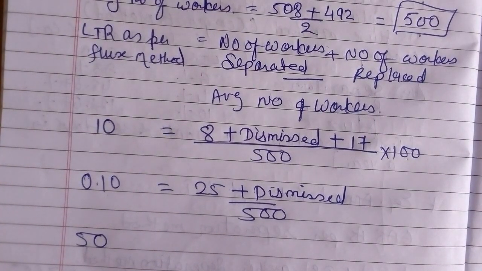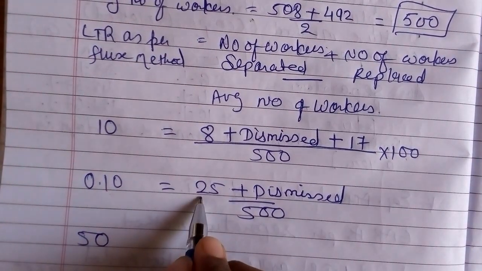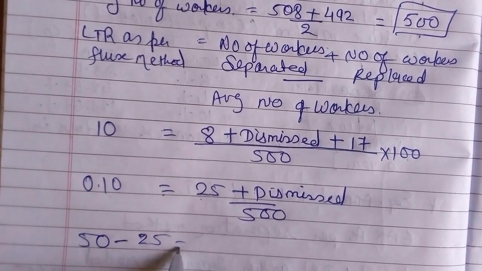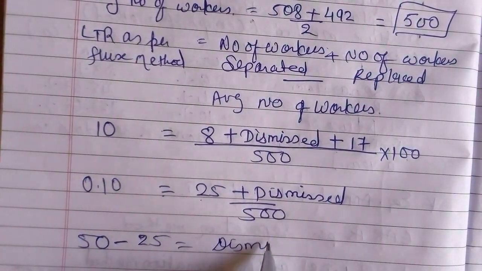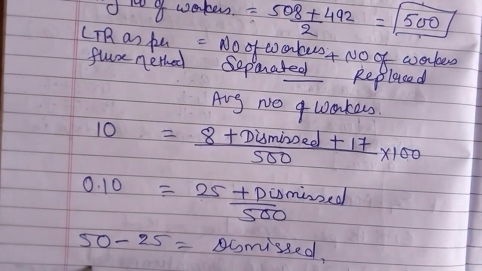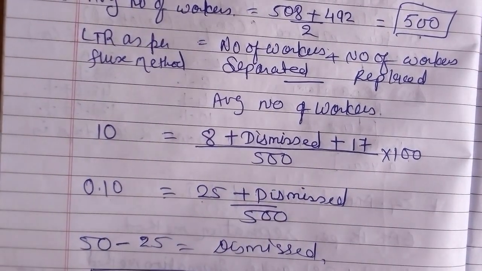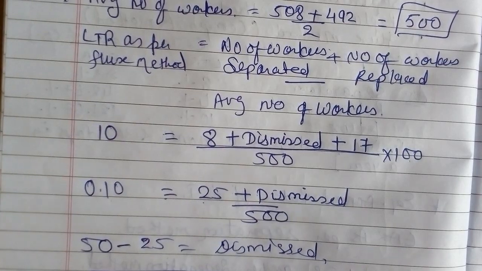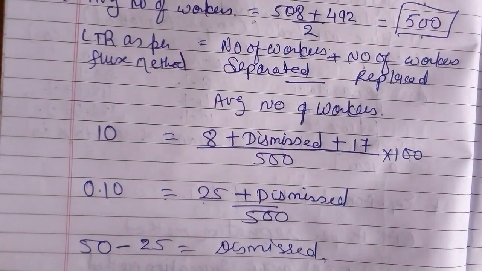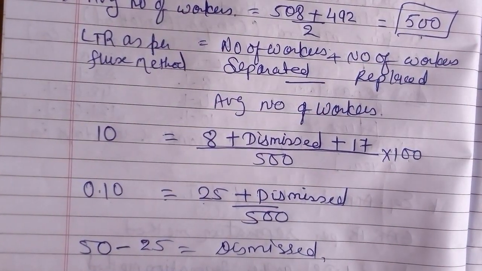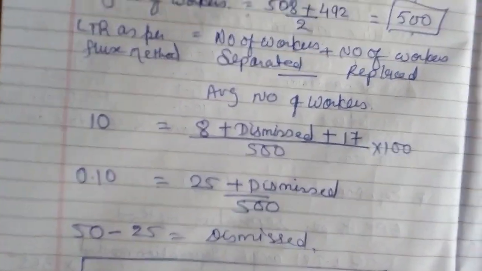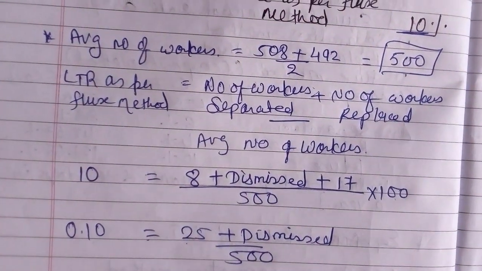Then this will become minus by placing here, so minus 25 equals dismissed. So finally, number of workers dismissed will be 25. Okay, so this is the simplest solution of the chapter.